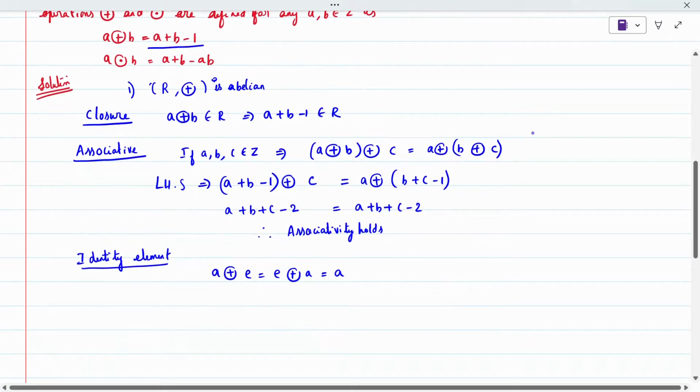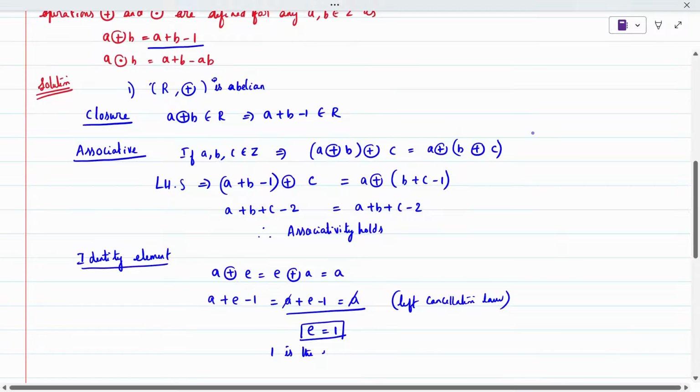So when I write it as per the definition, it's A plus E minus 1, and it is equal to A. As per left cancellation or right cancellation, you take any one. So by left cancellation law, E equal to 1. So the identity element is 1. So 1 is the identity element for the plus operation.